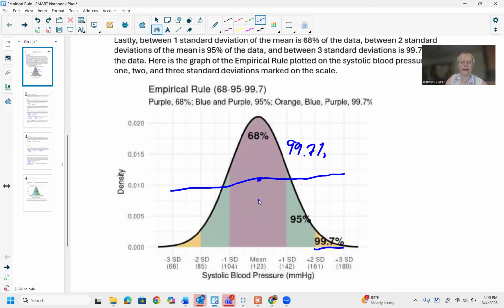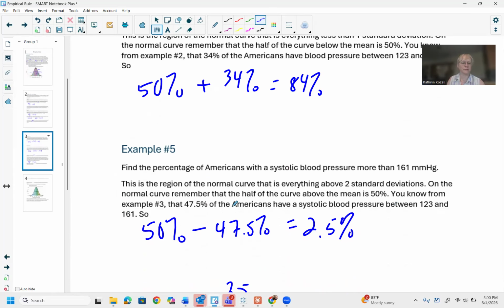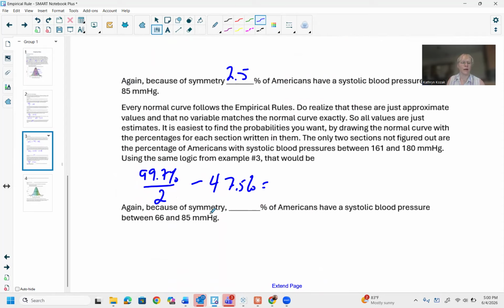If I divide it in half, I get from here on up. And then if I subtract off the 47.5, that will give me the piece I have left over. So that is equal to 0.15%.